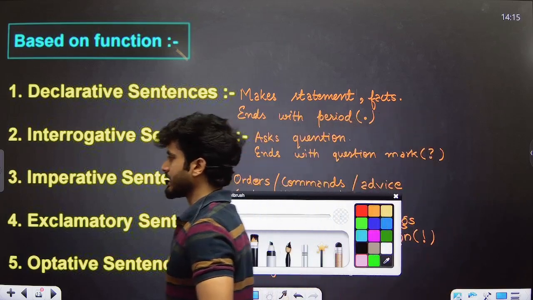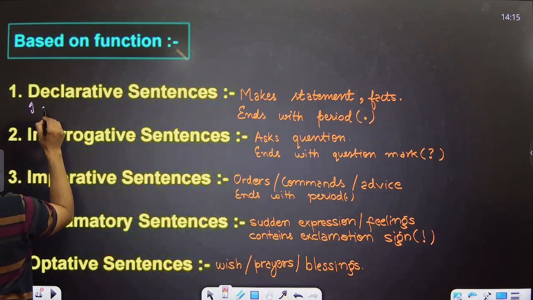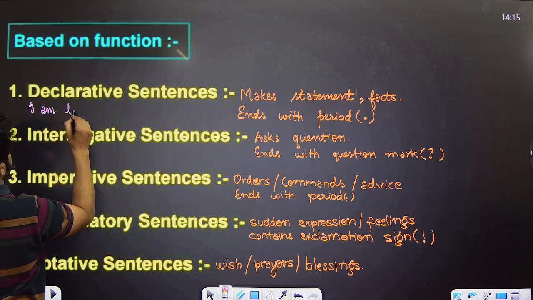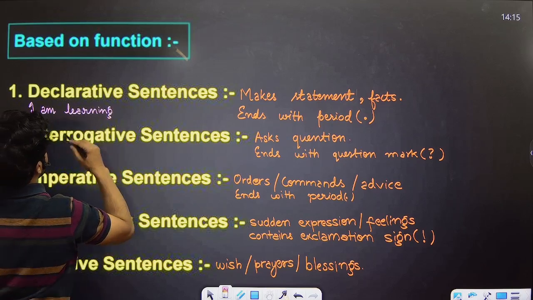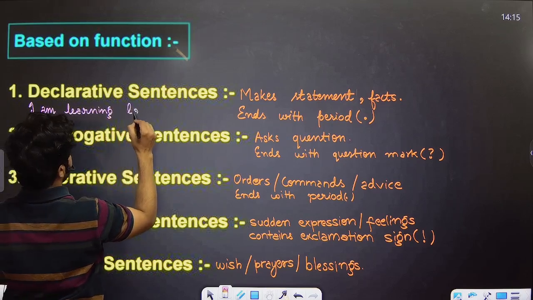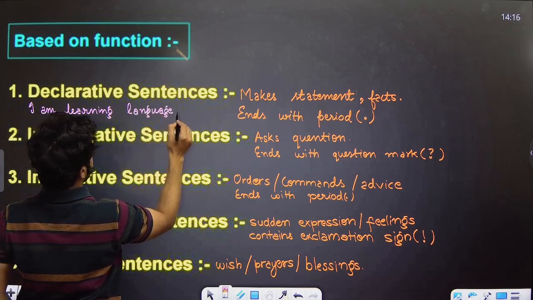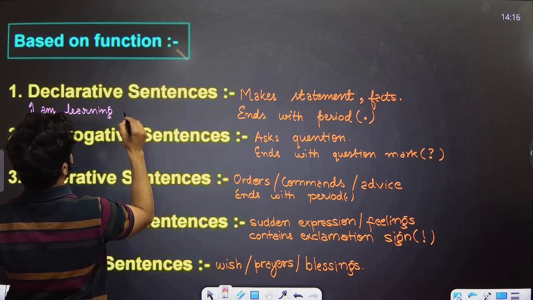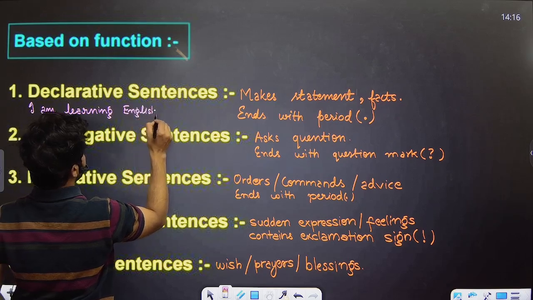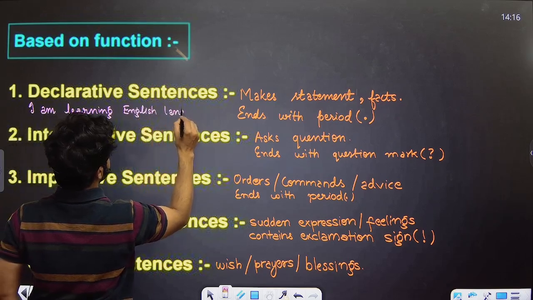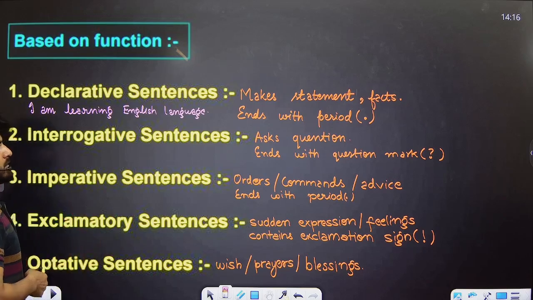Like in the case of declarative, you have I am learning language. Okay, I am learning English language. I am not playing football.